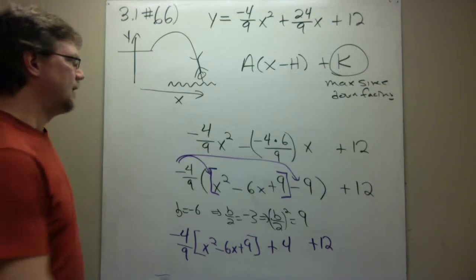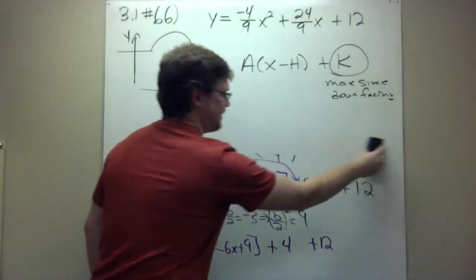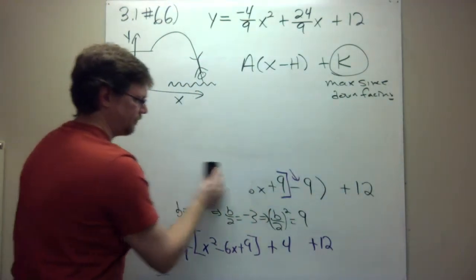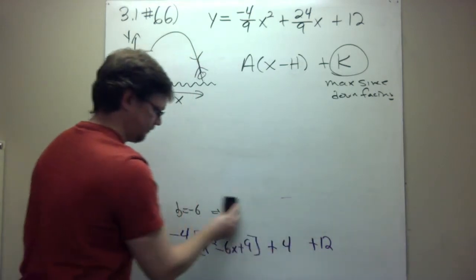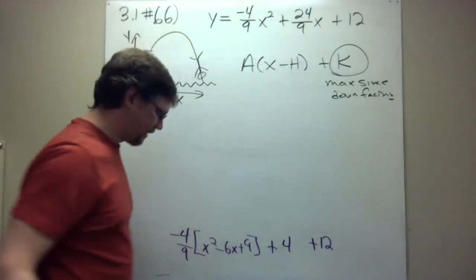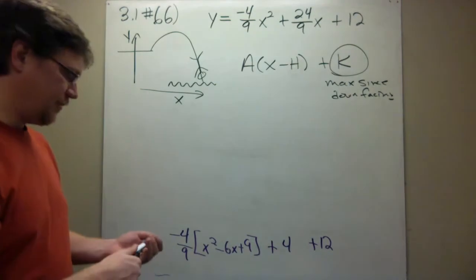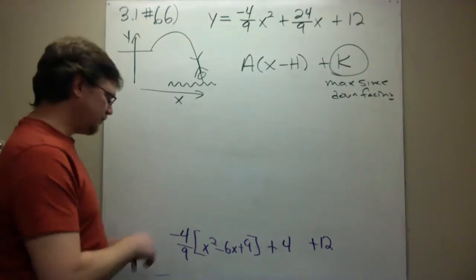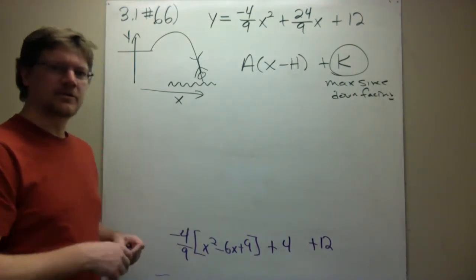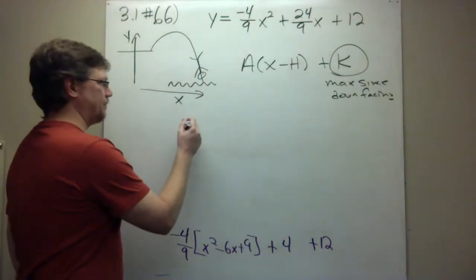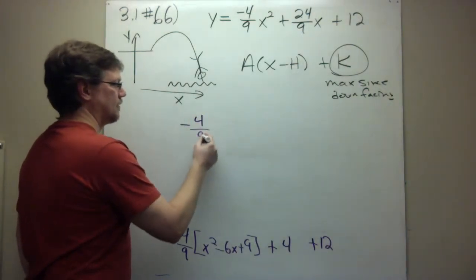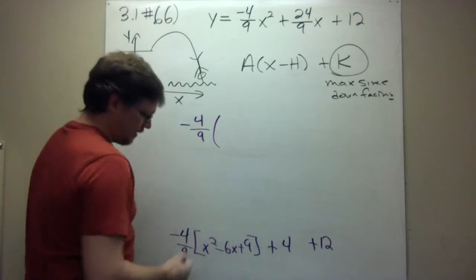All right, now let's erase some of my previous stuff so that I get more room to work with. So can this be simplified? Well, this minus 4/9 is on the outside, so I want to leave it on the outside. This is a perfect square.